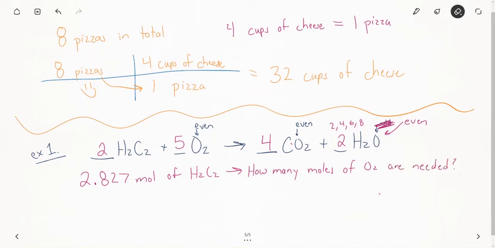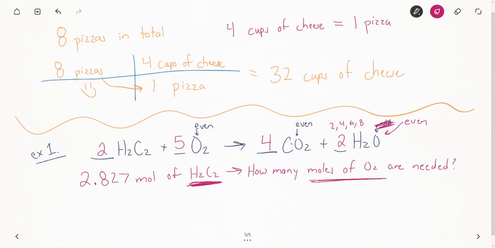So if I wanted to do this entire reaction here all the way through and react everything, all 2.827 moles of H2C2, how many moles of O2 would be needed? First, what we need to look at is a real mole-to-mole ratio. I need to compare moles of my acetylene here to moles of O2.